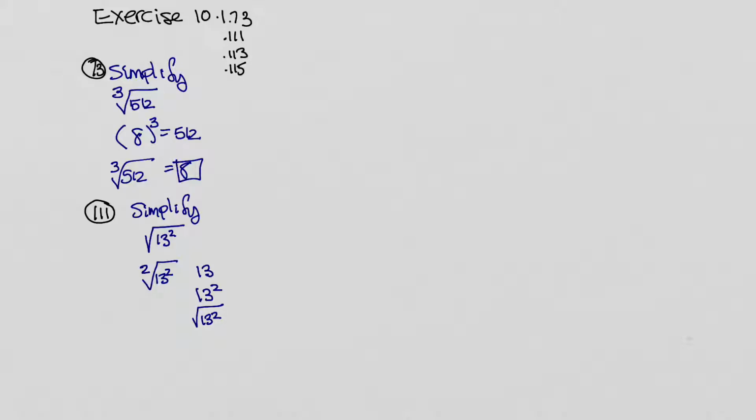We're right back where we started, so we get 13. Another way that we could do this would be this. If you have the square root of 13 squared, well, we could go ahead and square this. We'll get 169, and then the square root of 169 is 13. So we get 13 either way.